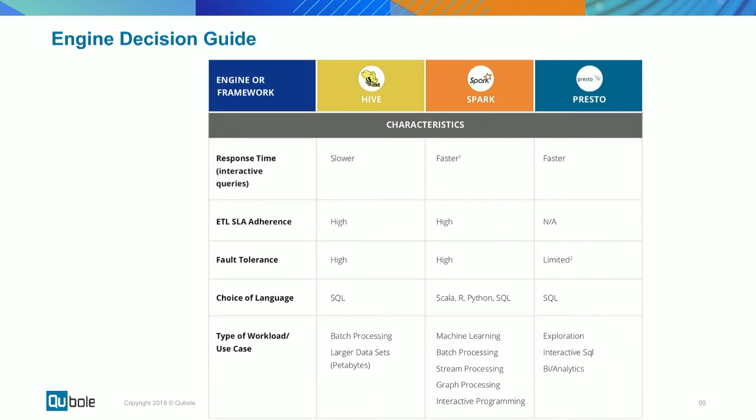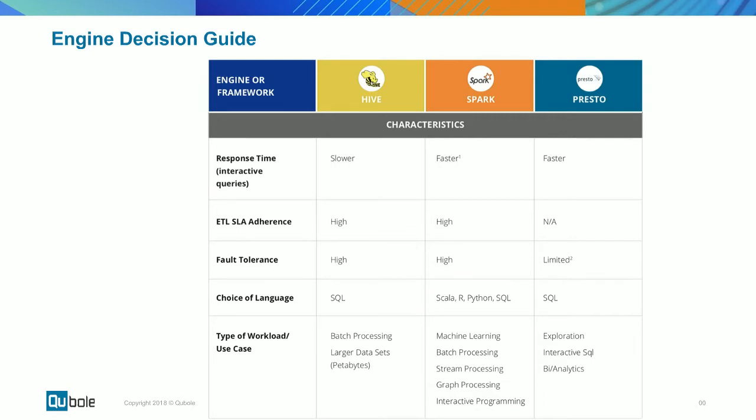Presto, not so much, although I've heard of customers using it, as long as they can control it and their queries are not running for a long period of time, you could do it. Fault tolerance, again, it's high with Hive and Spark, and Presto has limited fault tolerance.